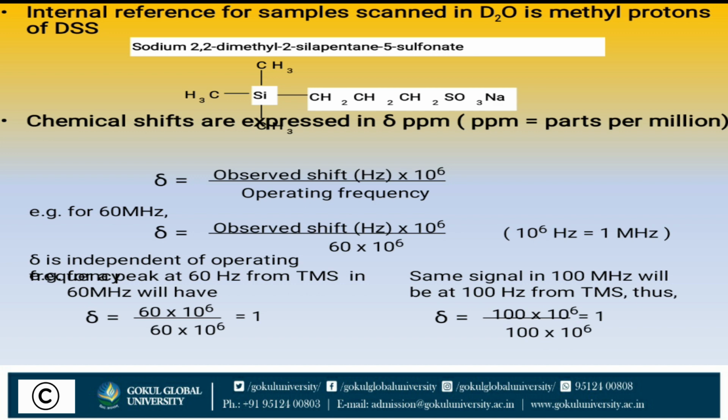This DSS is sodium 2,2-dimethyl-2-silapentane-5-sulfonate. The structure is given in the slide. Chemical shifts are expressed in delta ppm, where ppm is parts per million. So how can we calculate the chemical shift? Delta is equal to the observed shift in hertz times 10 raised to 6, divided by the operating frequency.